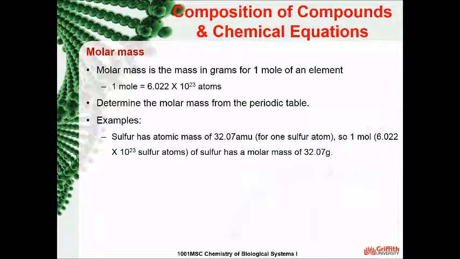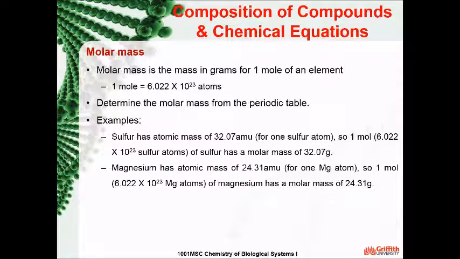For example, sulfur has an atomic mass of 32.07 AMU, which is 1 sulfur atom. So 1 mole of sulfur contains 6.022 times 10 to the 23 sulfur atoms and has a molar mass of 32.07 grams.